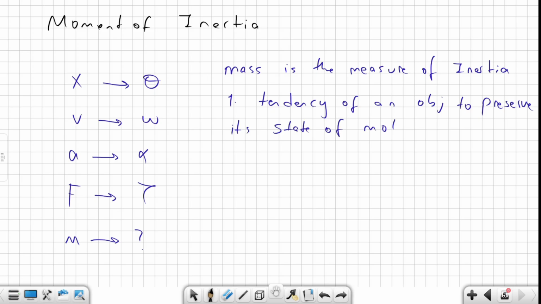That is the first definition or explanation of inertia in linear motion. The second point: if we try to make any change, the inertia will resist this change. So we can also define inertia as the resistance to any change that happens in the motion.